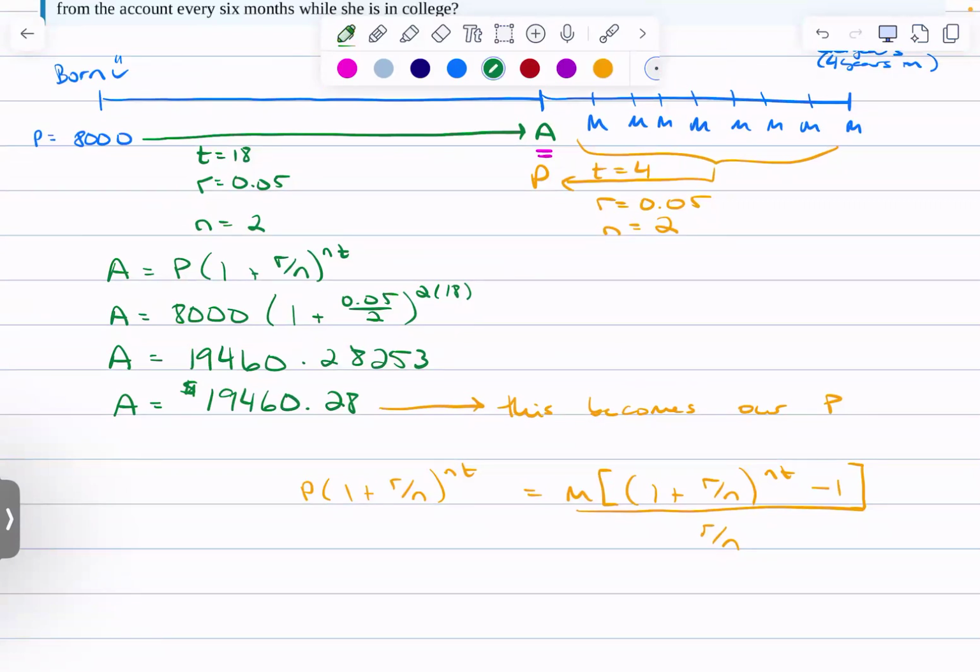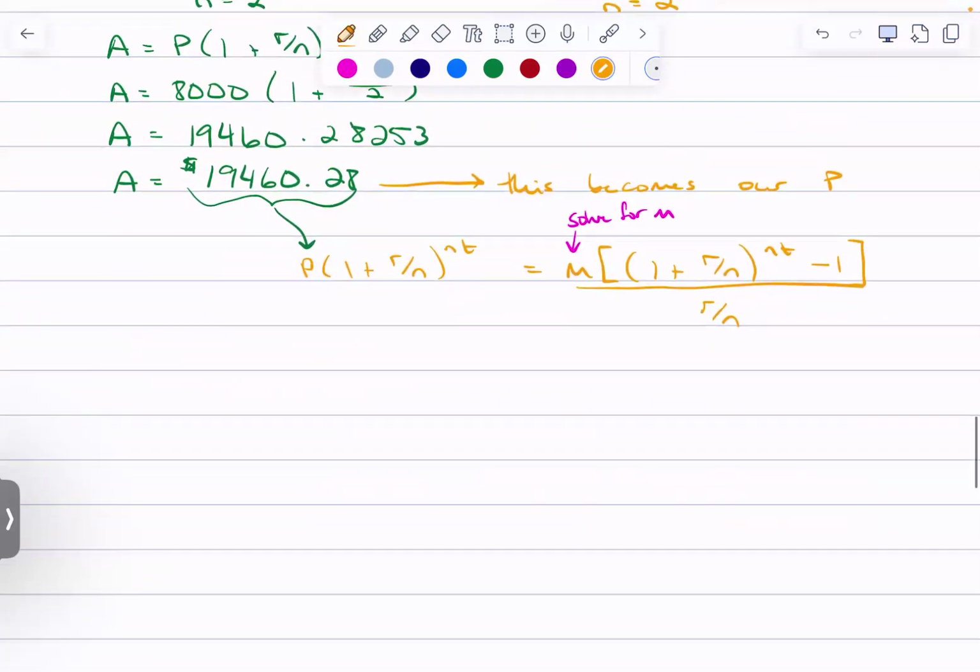So now we use that as our P, and we want to solve for M. What amounts will she be able to get every 6 months to help pay for school?